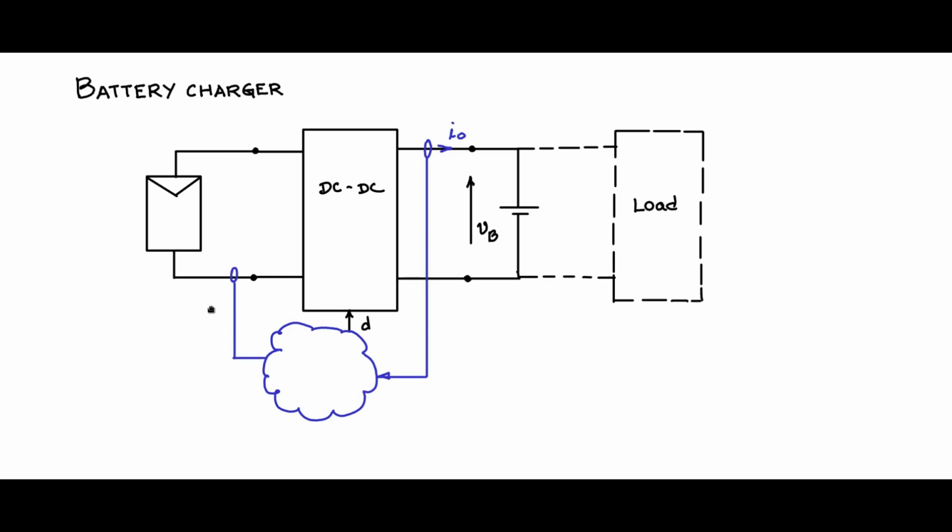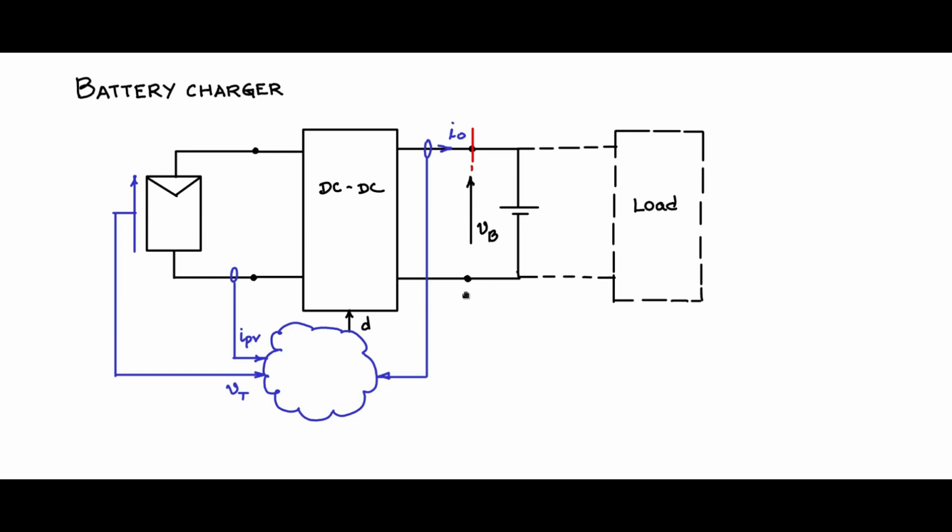You also provide the PV current, IPV, and also the terminal voltage of the PV, VT, which will be used for sensing the power that is being drawn from the PV module. Now, what is the control algorithm that you need to put in here?